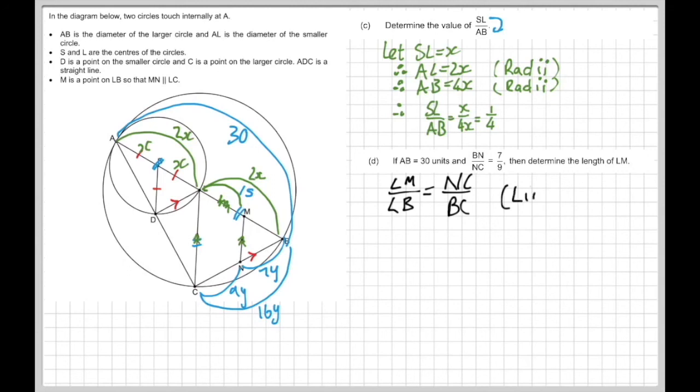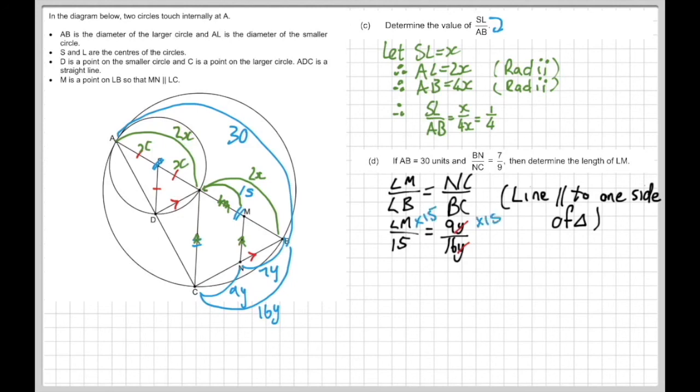And our reason is line parallel to one side of triangle. If I look at substituting in, LB is 15, NC is 9Y and BC is 16Y. The Y's divide away, fantastic, which means I'm going to get an actual value.